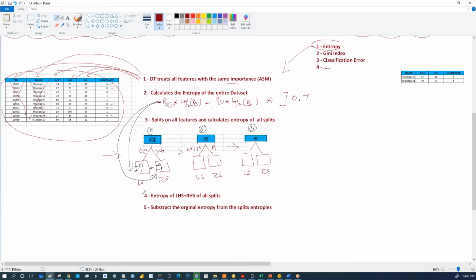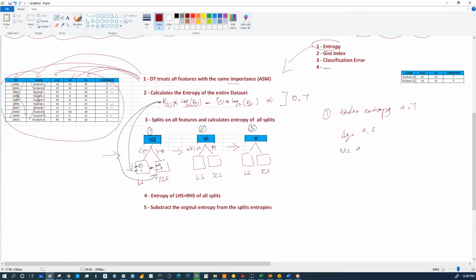So we are going to calculate the entropy of age. So this is number 1, overall, or the entire data set, the entire entropy is 0.7. Age is, let's say, 0.5.